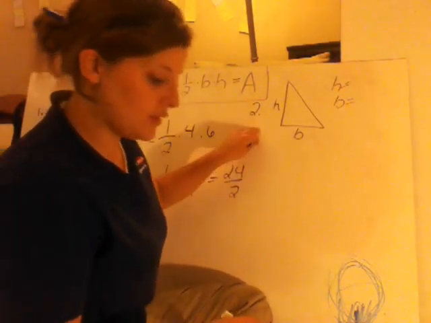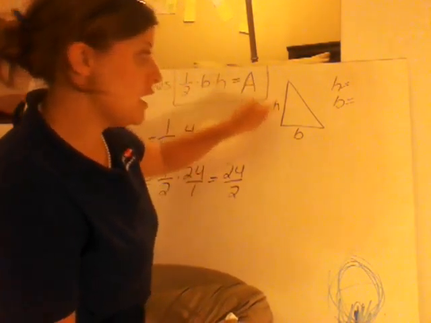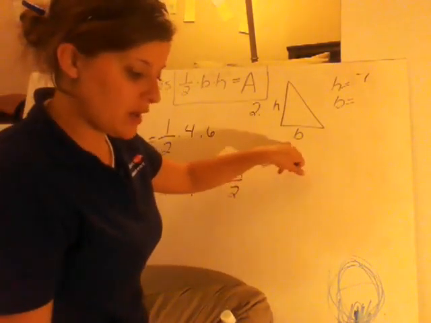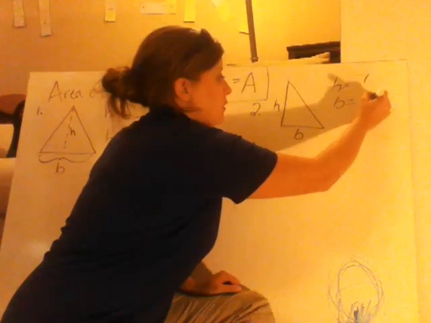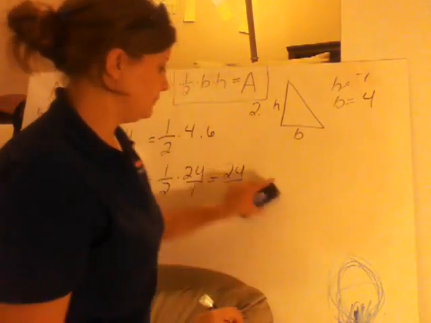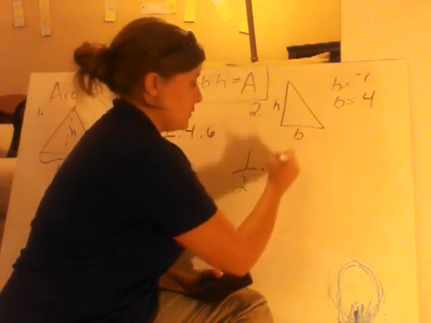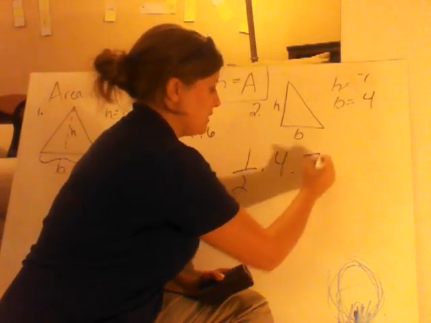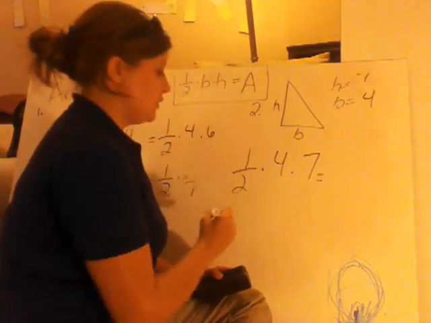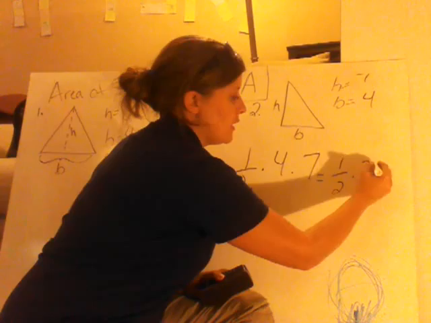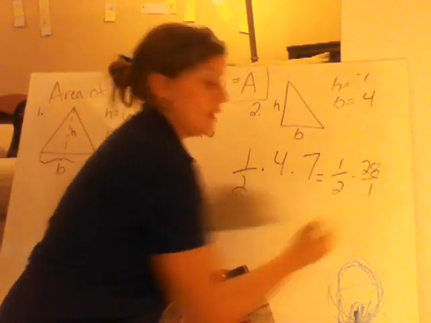Alright, next triangle. For number 2, the height of my triangle is 7, and the base of my triangle is 4. We set up the same way. 1/2 times 4 times 7 is equal to 1/2 times 28 over 1.